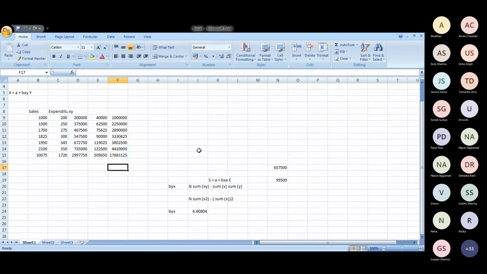So this becomes n summation y square, which is 6 into F15, minus summation y whole square. Summation y is 100075, so that is 4593125.